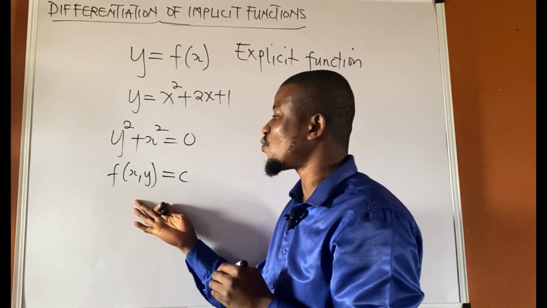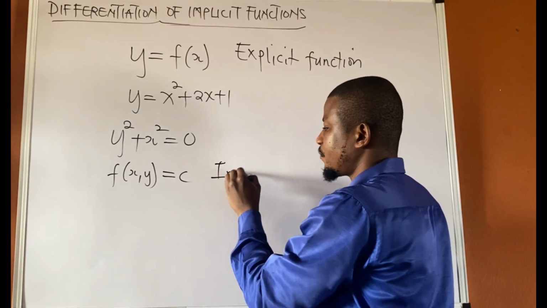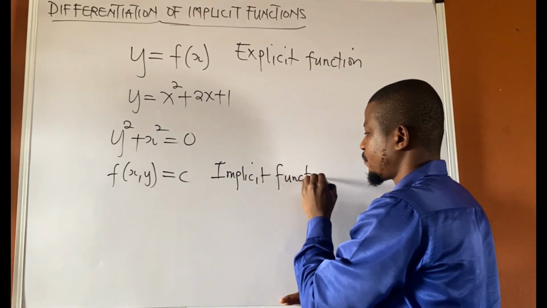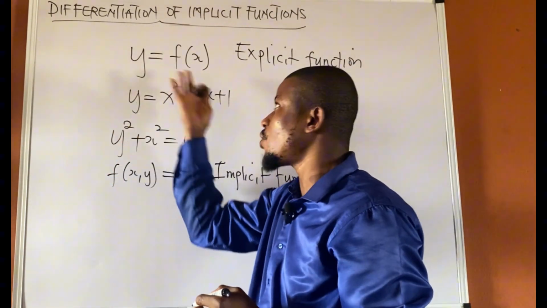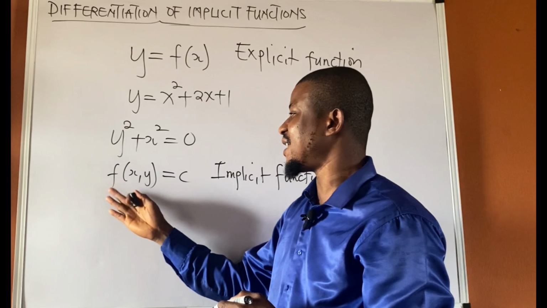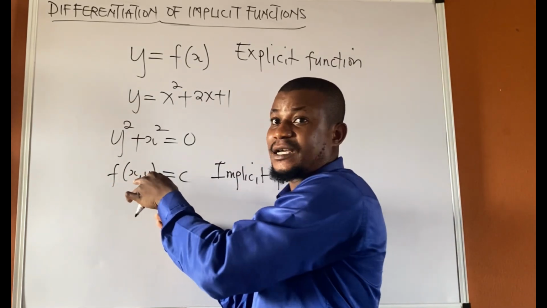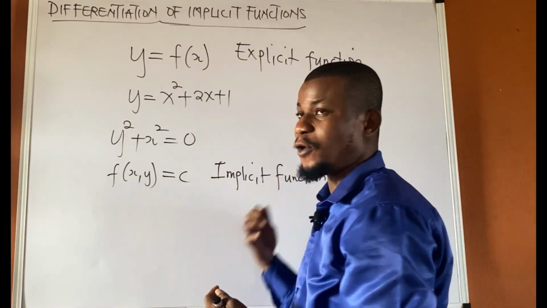Now, this is what we call an implicit function. So when a function is not written directly as y equal to some function of x, instead it is written as a function of x and y, we still know that y is a function of x. Then we say that that function is in implicit form.